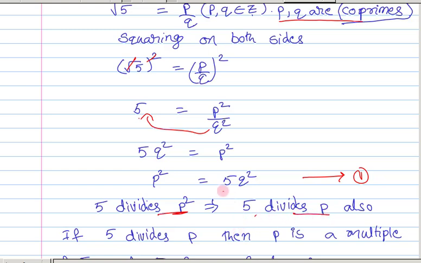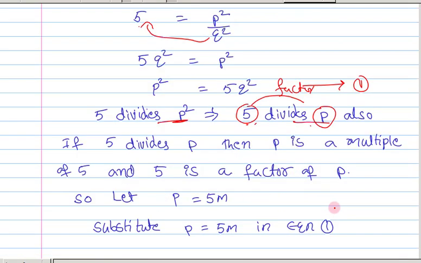That means if 5 divides p, 5 is a factor of p, and p is a multiple of 5.